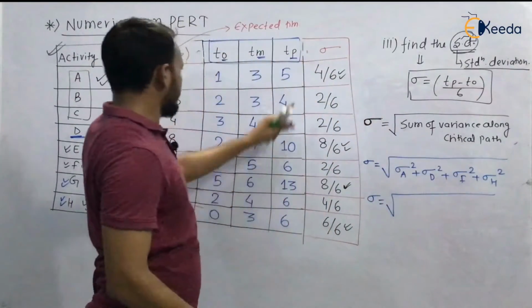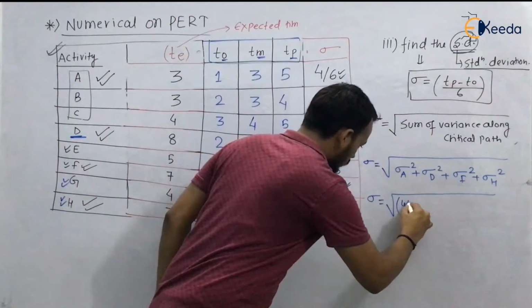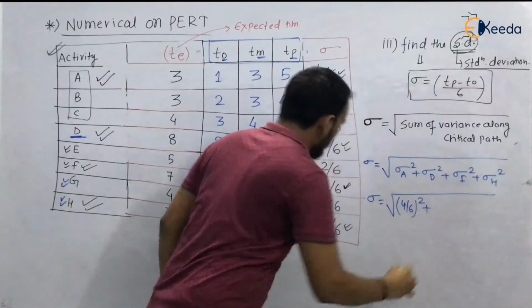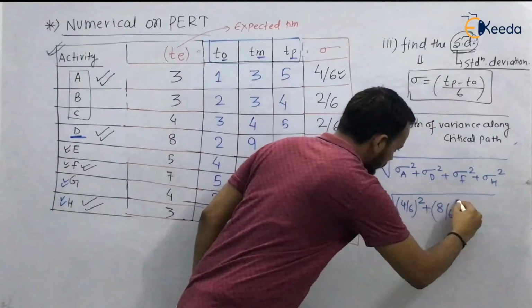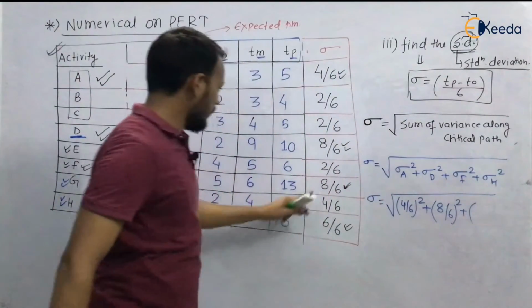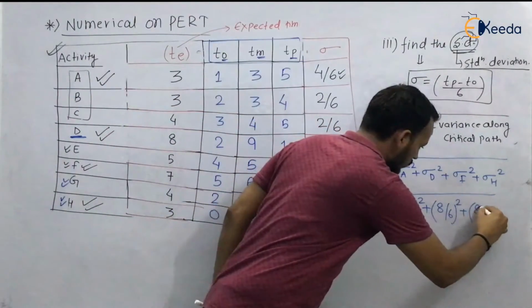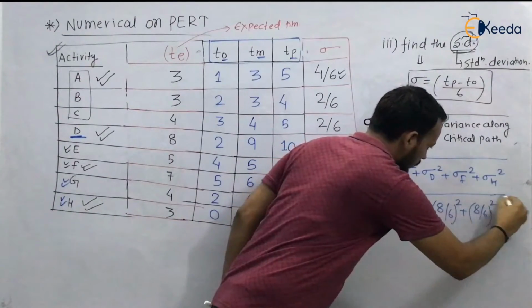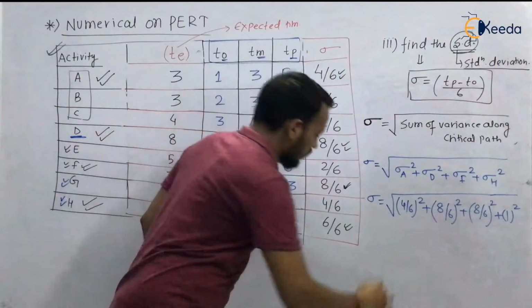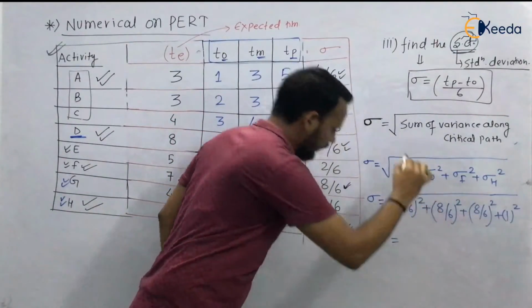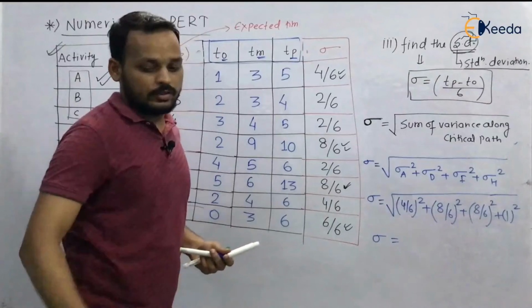For sigma A it is (4 by 6) whole square. For sigma D it is (8 by 6) whole square. For sigma F, it is also (8 by 6) whole square, and for sigma H, it is (6 by 6) or 1 square. So from here you can find sigma. Just use your calculators.